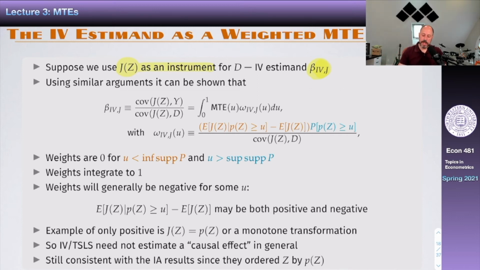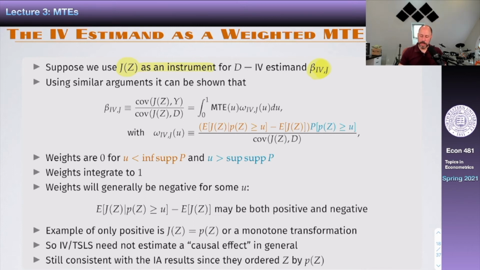Well, then this is the covariance of J(Z) and Y over the covariance of J(Z) and D, and you can show that this can be written this way, where the weights for the IV are this function over here that involves the expected value of the instrument conditional on the propensity score being greater than or equal to U, minus the unconditional expected value of this instrument times the probability that the propensity score is greater than or equal to U, divided by this covariance.